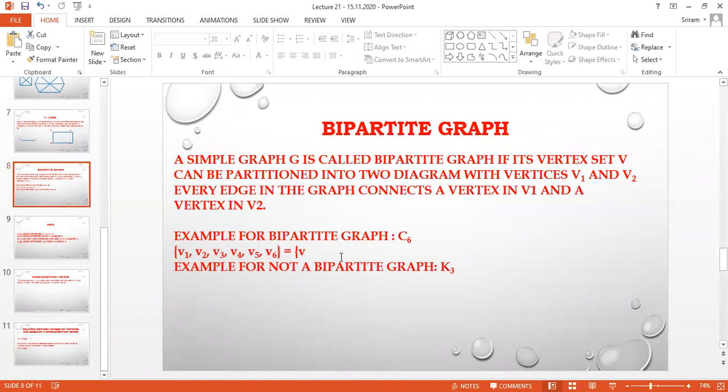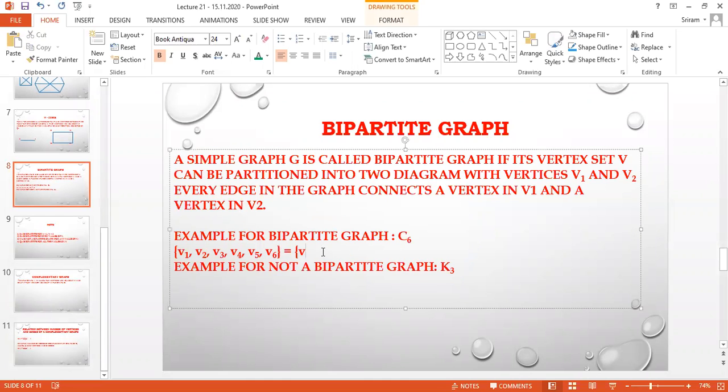I can divide the sets: I can take V1, the odd numbers, V3 and V5. I am going to take this set separate and I am going to define another set for the remaining vertices.